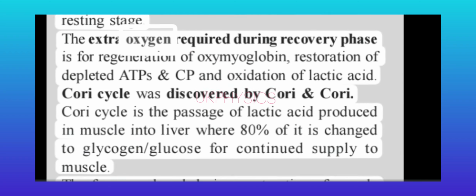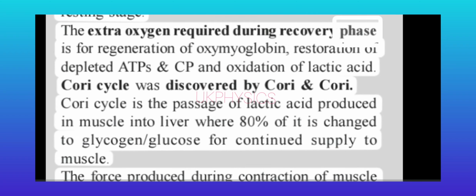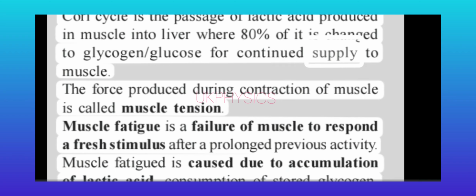The extra oxygen required during recovery phase is for regeneration of oxymyoglobin, restoration of depleted ATP and CP, and oxidation of lactic acid. Cori cycle was discovered by Cori and Cori. Cori cycle is the passage of lactic acid produced in muscle into the liver, where 80% of it is changed to glycogen and glucose, for continued supply to muscle.